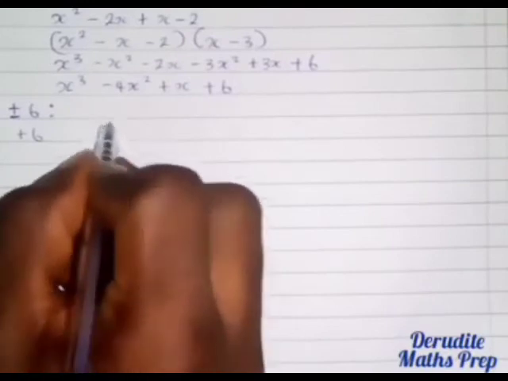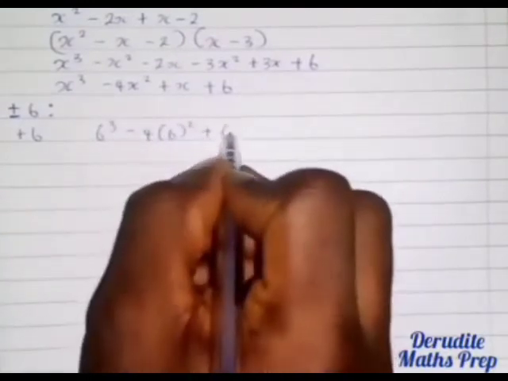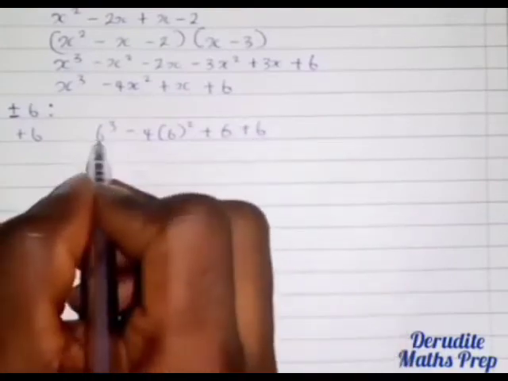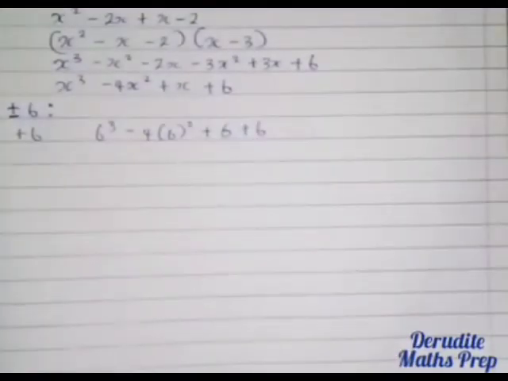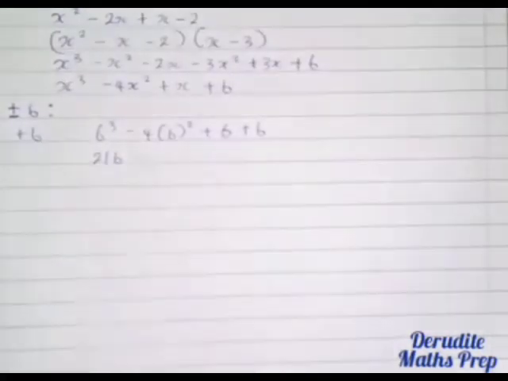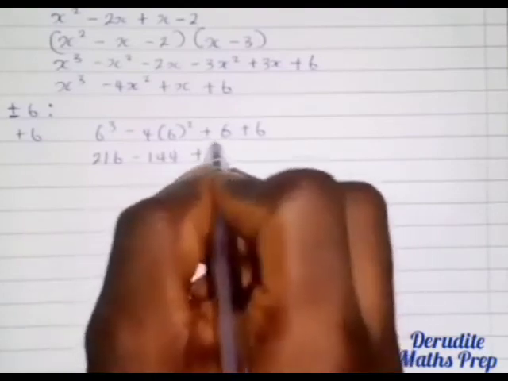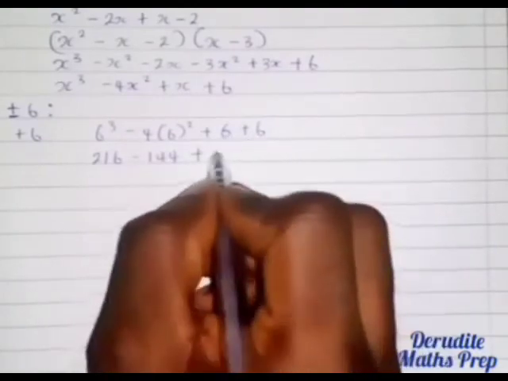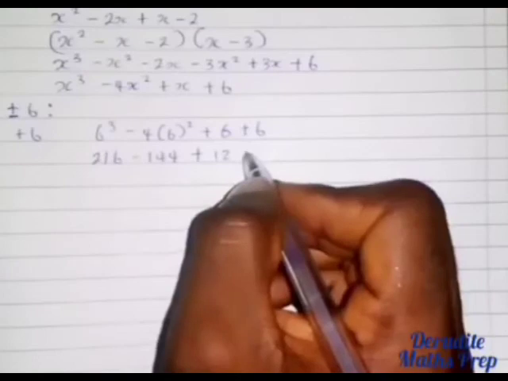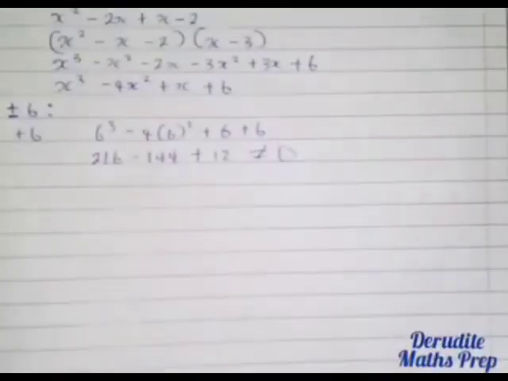This is 6 cubed minus 4 times 6 squared, plus 6 plus 6. 6 cubed is 6 times 6 times 6. That's equal to 216 minus 36 times 4, 144, plus 6 plus 6. Let's just call this 12. So we can check and see that this is not equal to 0.